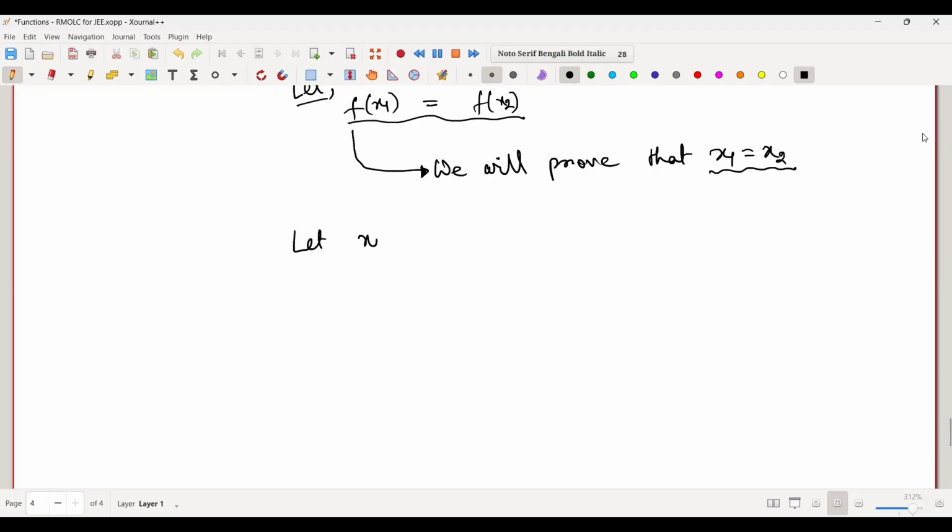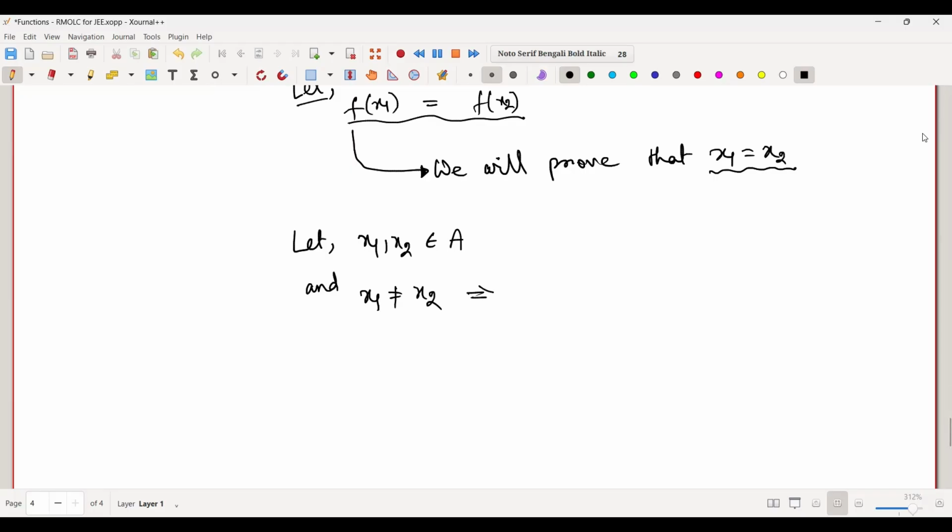let x1, x2 belong to A and x1 not equal to x2. That means these x1, x2 are two different elements of the domain.